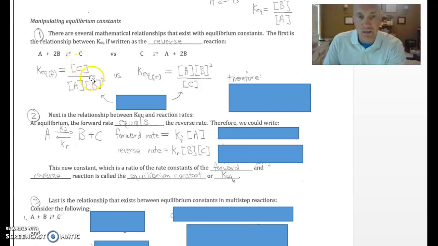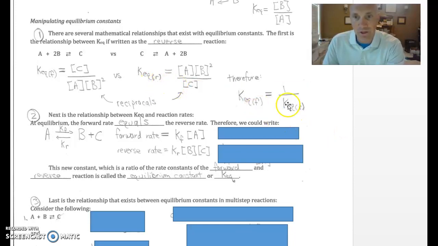Raise everything to the exponent which corresponds to the coefficients that you see in these reactions. One thing that you'll notice about these is that all you're doing is switching what's in the numerator and what's in the denominator. There's a mathematical name for that. We call those things reciprocals. And since one of these is the reciprocal of the other, mathematically we could write the following.